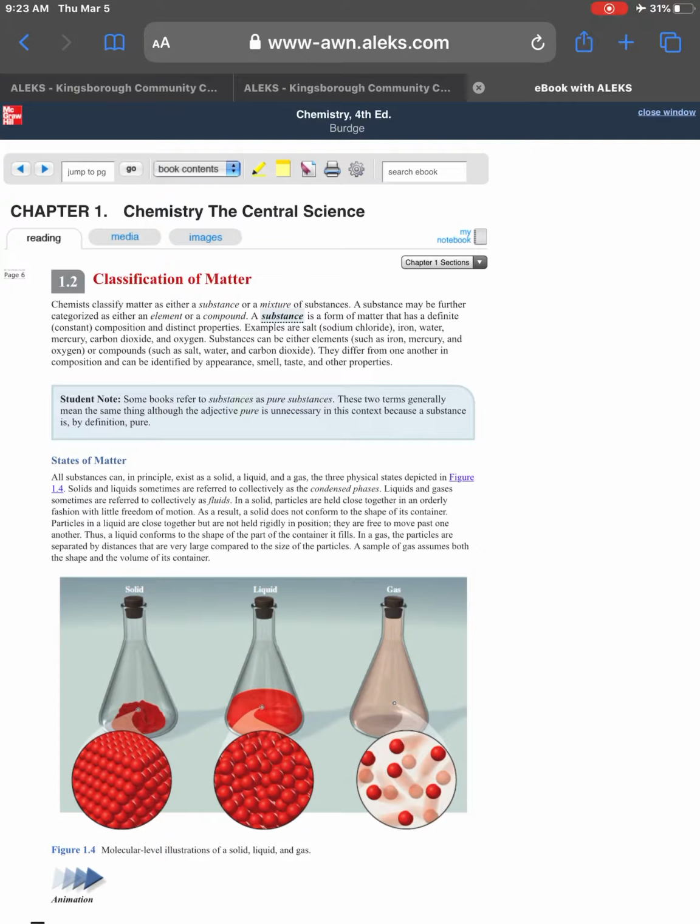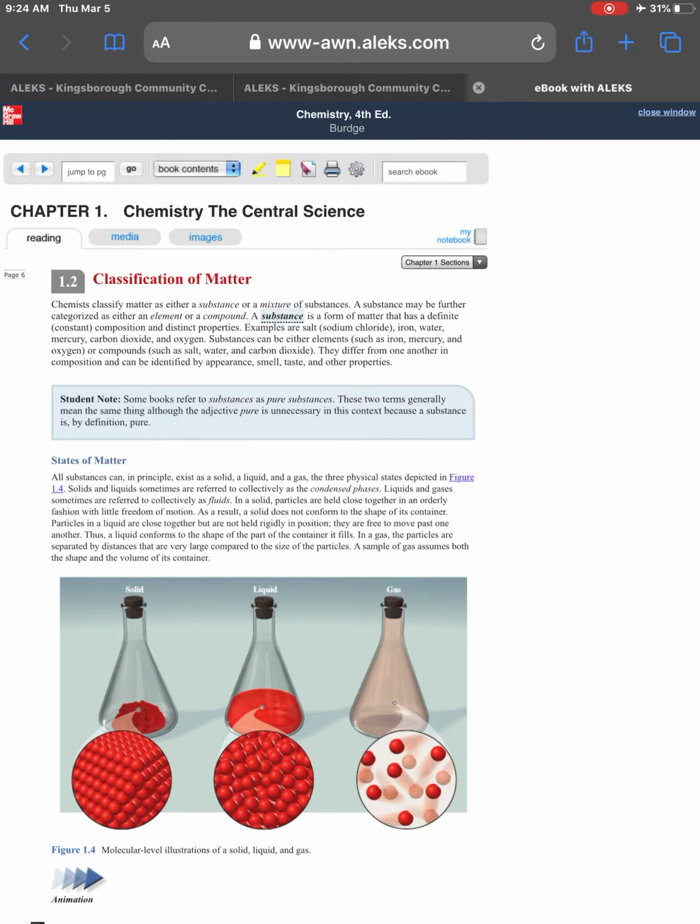So elements are really material that cannot be broken down very easily into simpler particles. So for example, a gold atom, there's really not much we can do to break that up into smaller particles. Through chemistry certainly, but also through physical means like boiling or freezing. Atoms are pretty stable substances for the most part.